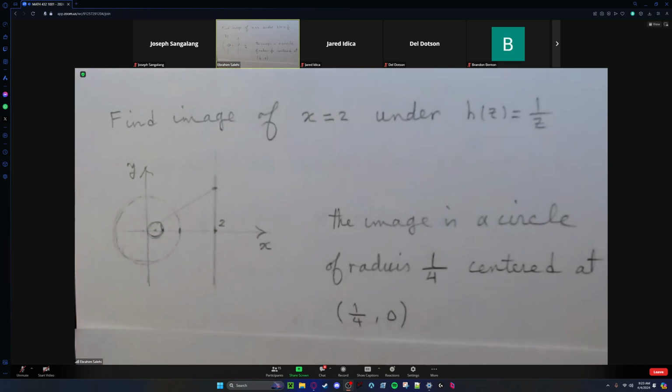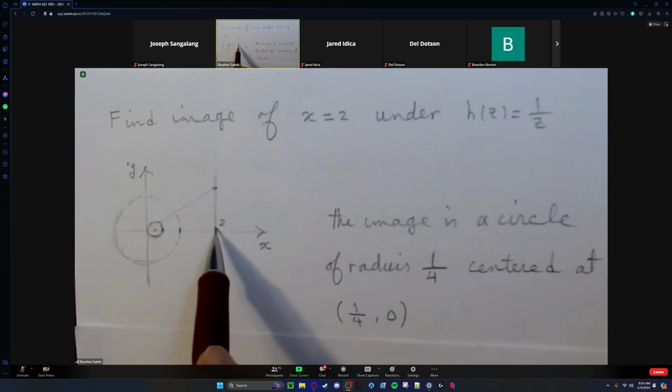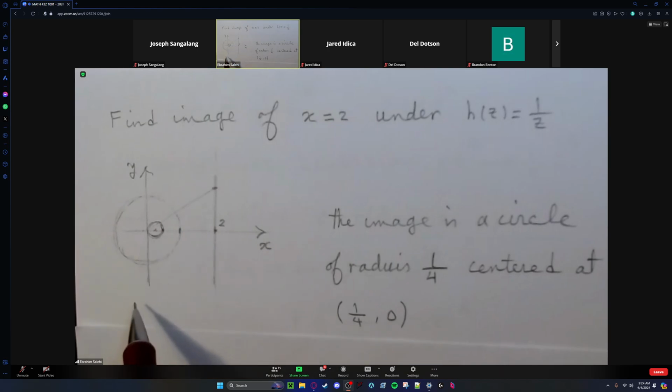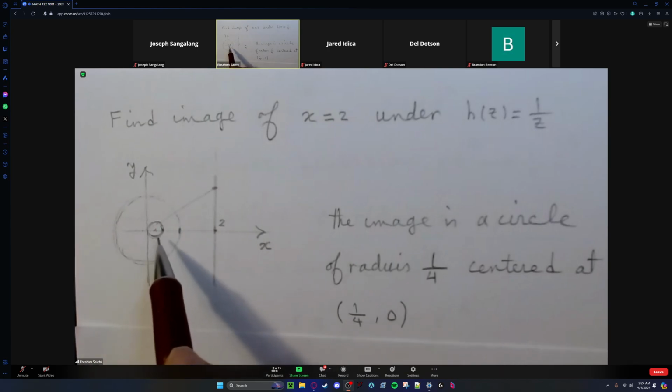Remember, 1 over z is a composition of two motions, inversion and conjugation. So the inversion of this is 1/2. Inversion of this point comes here, and then conjugation will give you this circle.